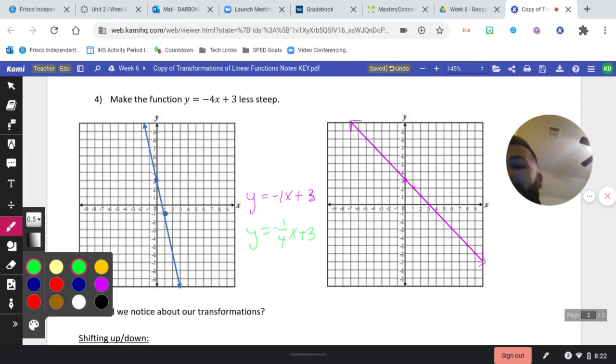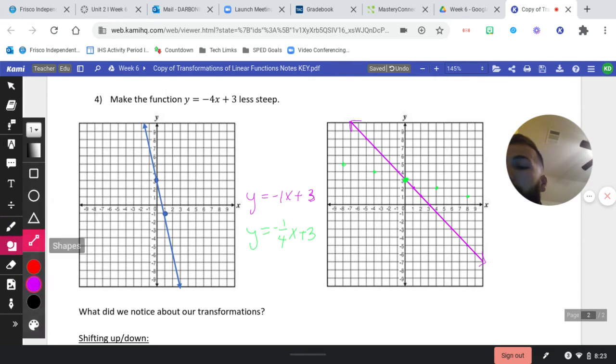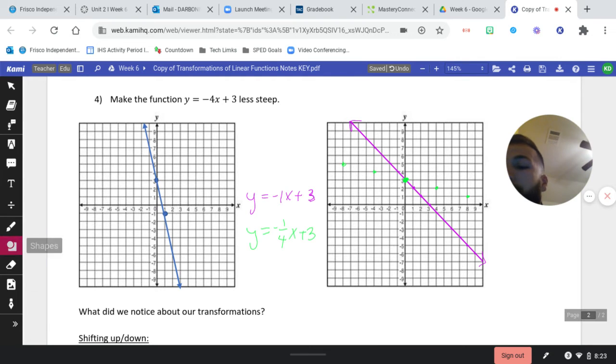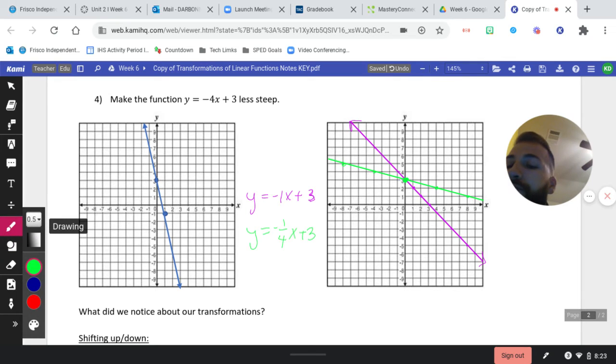Still going through my y-intercept of 3, but now I'm going down 1 and to the right by 4, up 1 and to the left by 4 in the other direction. And we get a nice little line, and add our arrows onto the end. Notice how it's significantly less steep than our original line of y equals negative 4x plus 3.